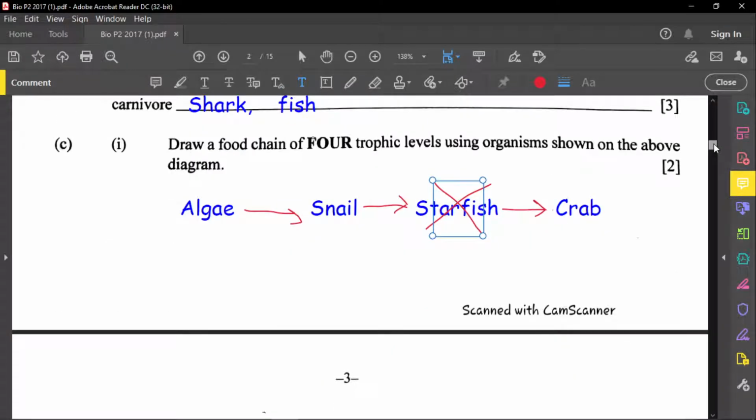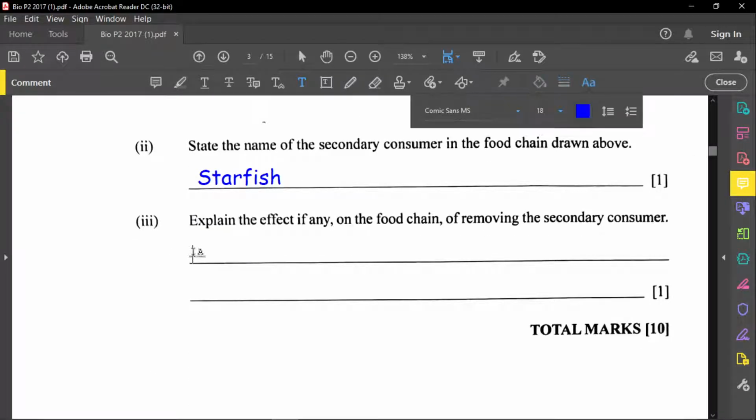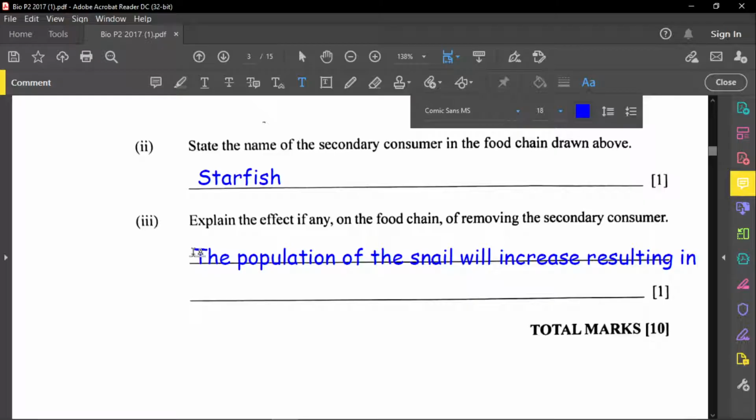So the population of snail will increase. Let's put it right here. So the population of the snail, and the snail is the herbivore or the primary consumer, the population of snail will increase, resulting in a decrease in the algae.